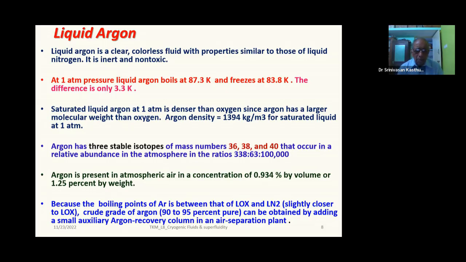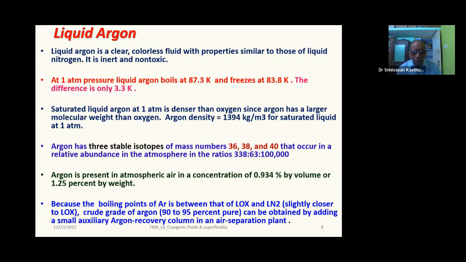Argon has 3 stable isotopes. The mass numbers are 36, 38, and 40. These occur in relative abundance in the atmosphere. The ratios are 338 to 63 to 100,000.